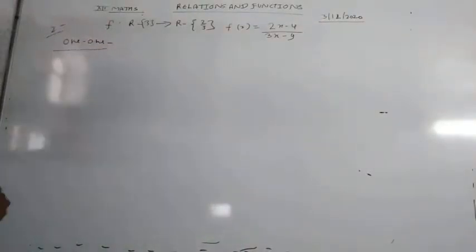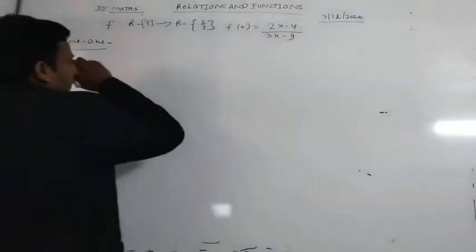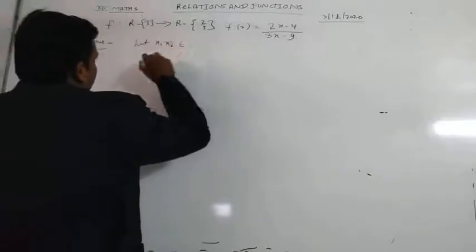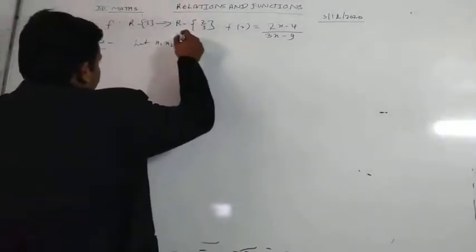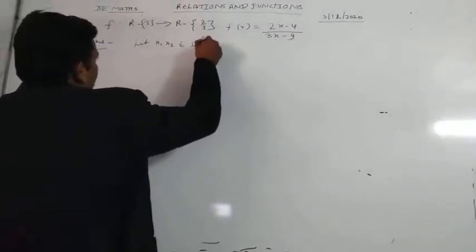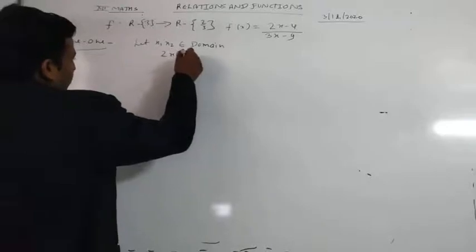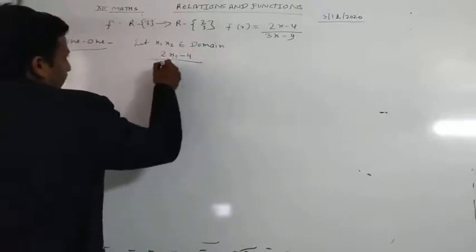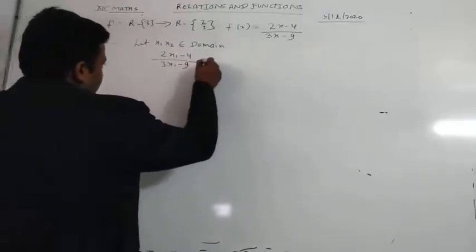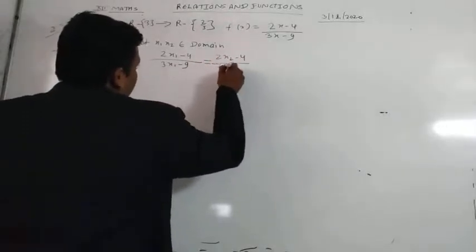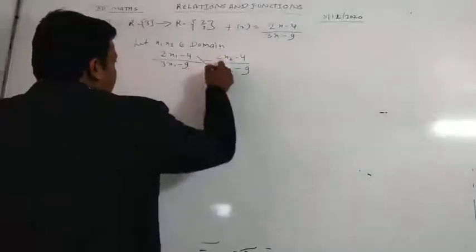Now for one-one we are taking two elements, let x1, x2 belong to the domain. Then (2x1 minus 4) by (3x1 minus 9) is equal to (2x2 minus 4) by (3x2 minus 9).